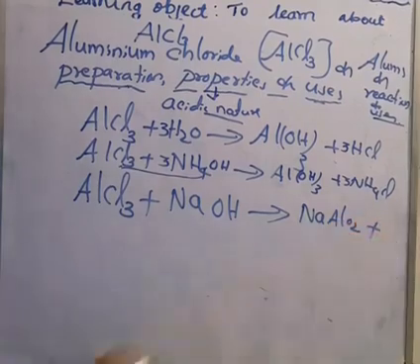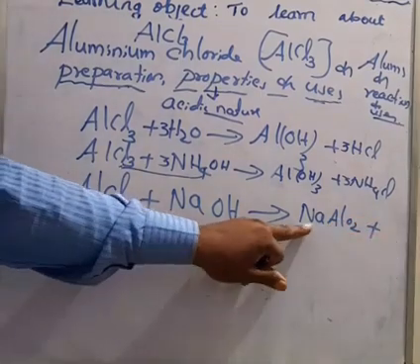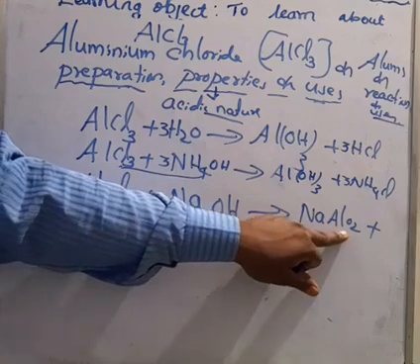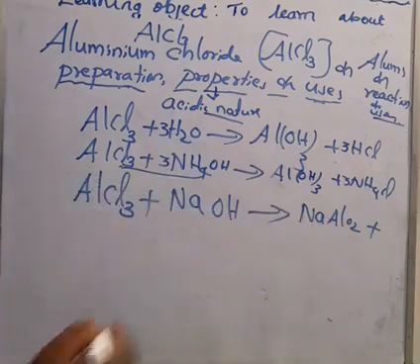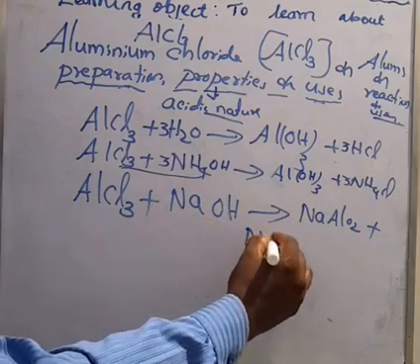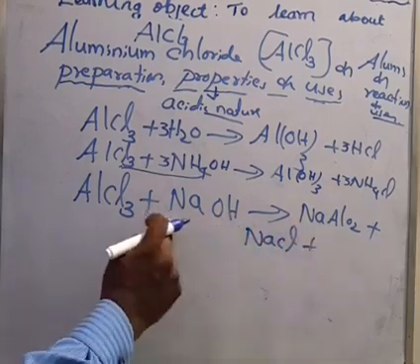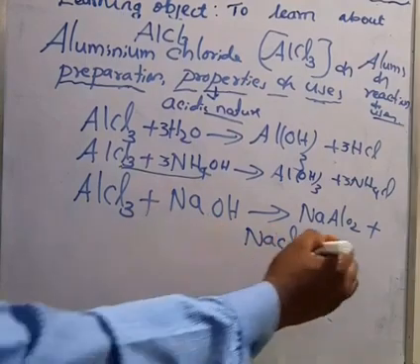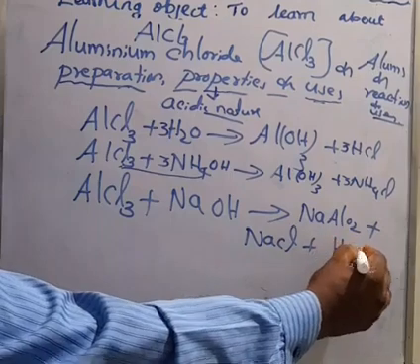What is the product obtained? Sodium meta-aluminate. What is the formula? NaAlO2. And sodium combines with the chlorine to form NaCl. And the hydrogen combines with the OH to form water molecules, H2O.